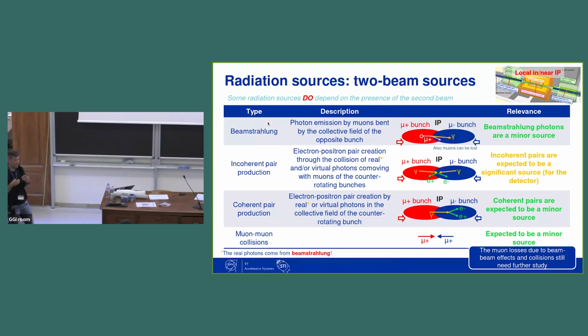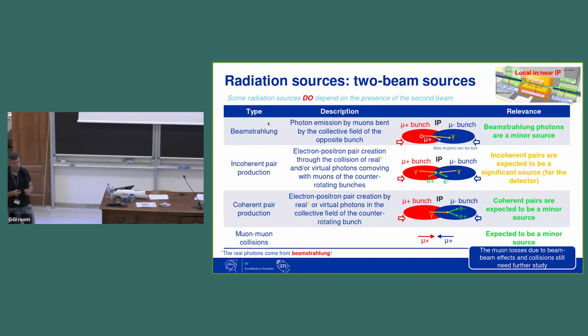The Beamstrahlung photons themselves, I will come back to later in this lecture. There are not so many Beamstrahlung photons compared to, for example, linear colliders, and this is a minor source for the muon collider. But there are other processes which are partly related. So we have incoherent electron-positron pair production. This is an electron-positron pair created through the collision of photons, which are co-moving with the muons of the counter-rotating bunches.